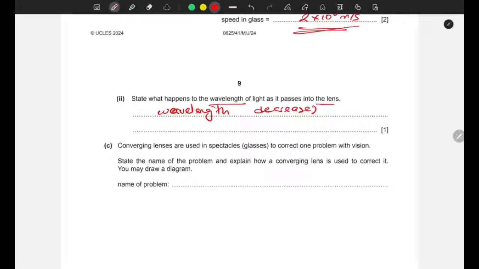This is because the light is coming from air and then entering into glass. So it's refracted, and glass is denser than air, so that means the wavelength decreases when passing through a denser material.